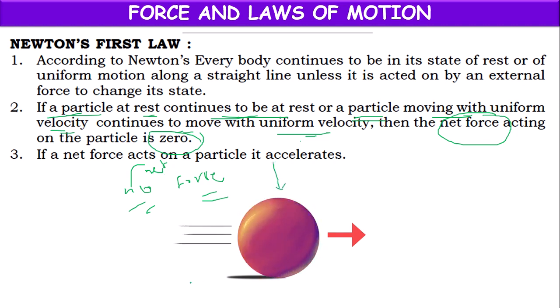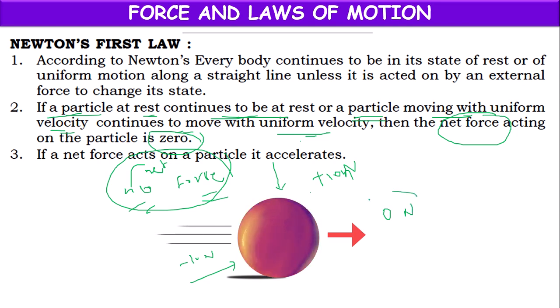Forces may be acting on the body while its state of rest or state of motion is constant, but it is not able to change its state because there is no net force. One force may be plus 10 newtons, another force may be minus 10 newtons. If we add both, plus 10 and minus 10 cancel, and the overall net force will be 0 newtons.